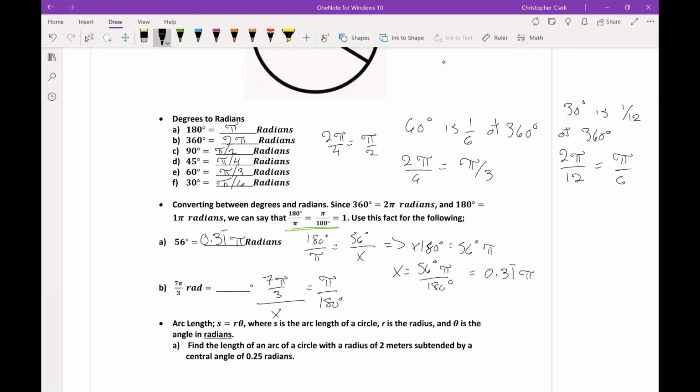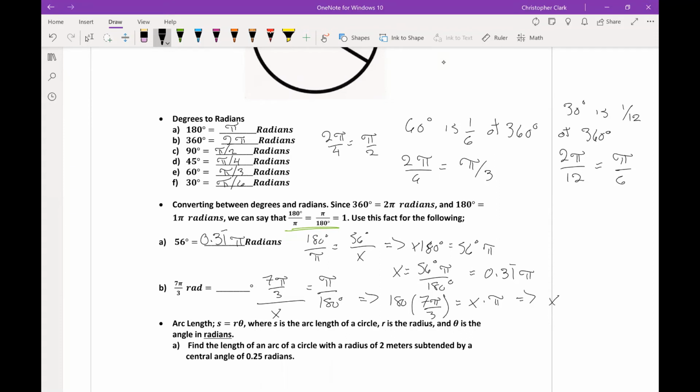I'm going to solve for x again. So we'll say 180 degrees times 7 pi over 3 is equal to x times pi. Now we're just going to divide out the pi.